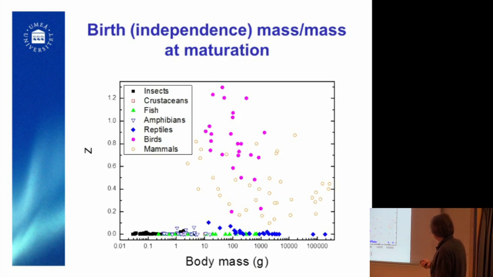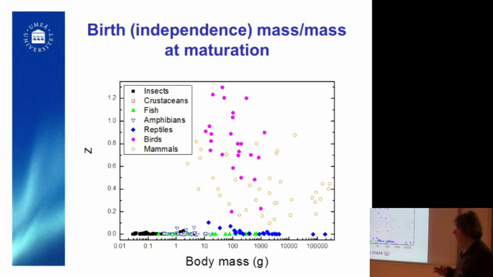Z is here the birth mass to mass at maturation. We can see that almost all animal organisms, except birds and mammals, have a very small ratio. Generally you are born at a mass that is 10% or often 1% of your maturation size. For birds and mammals, it's substantially higher.